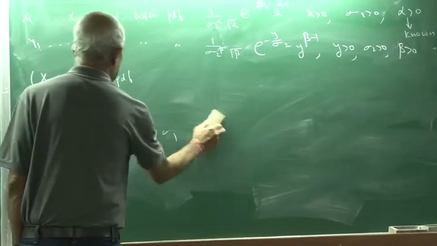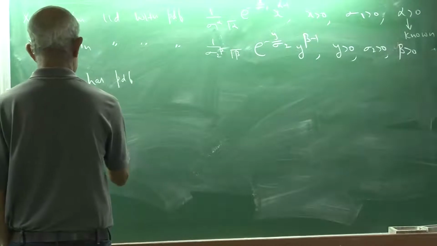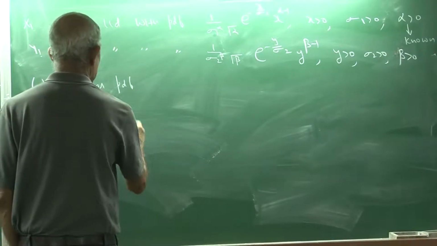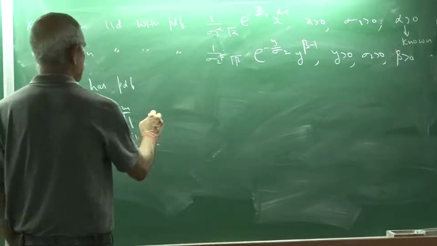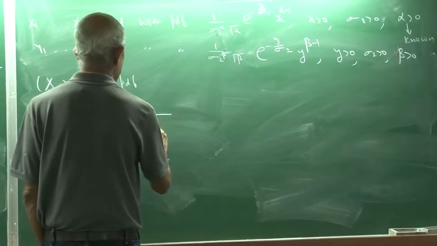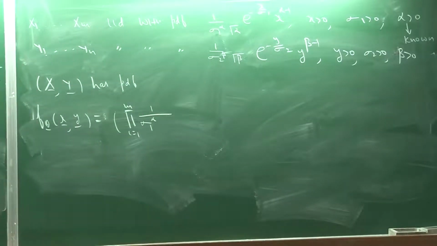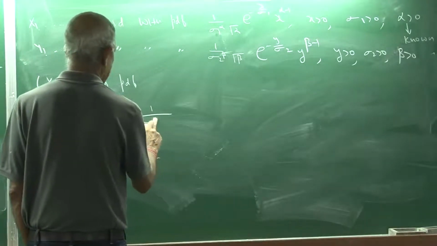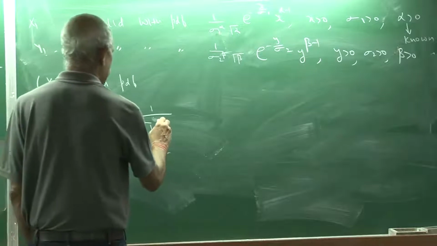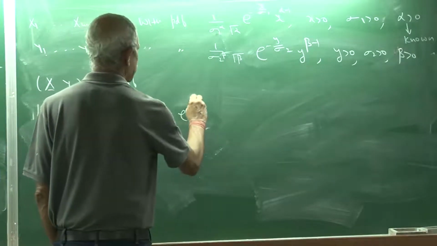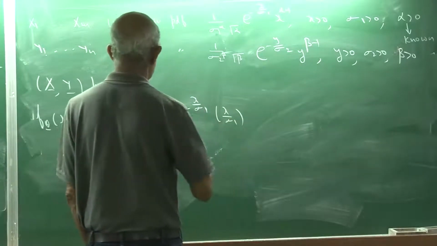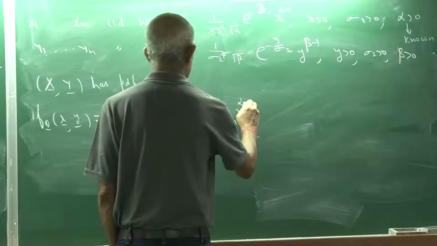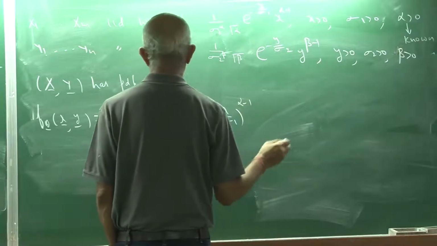In fact, I can write this as product i equal to 1 to m, 1 by sigma 1 gamma alpha e to the power minus x by sigma 1, x by sigma 1 to the power alpha minus 1.